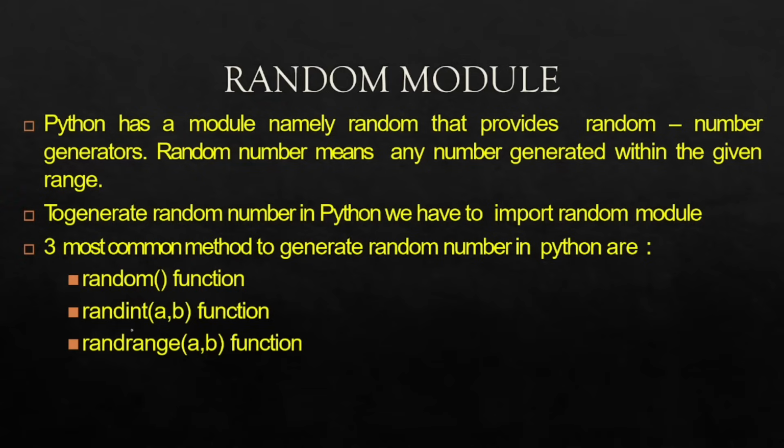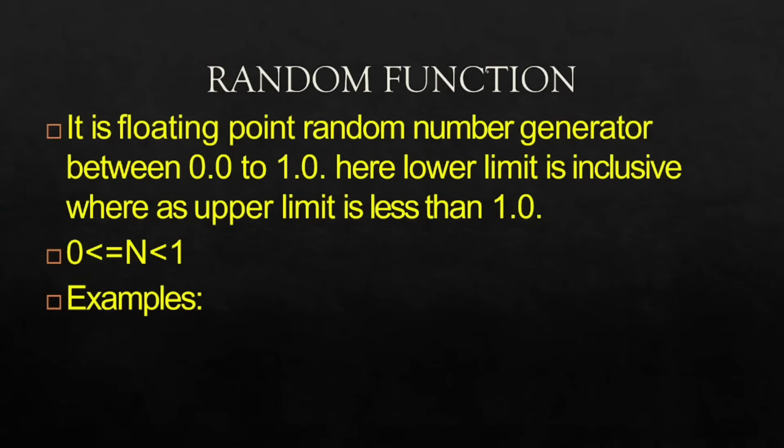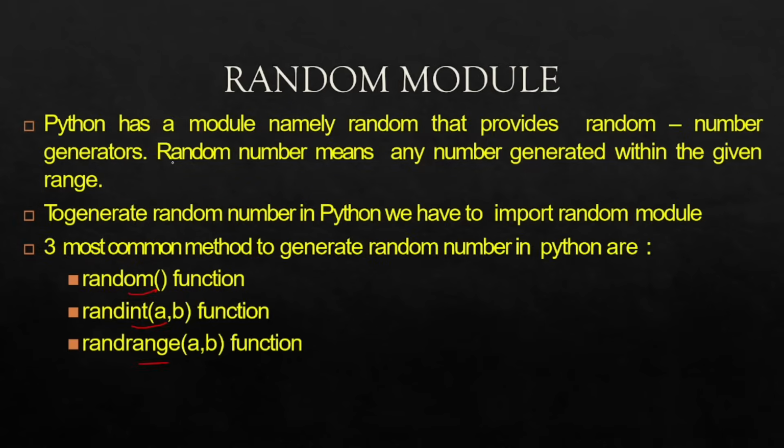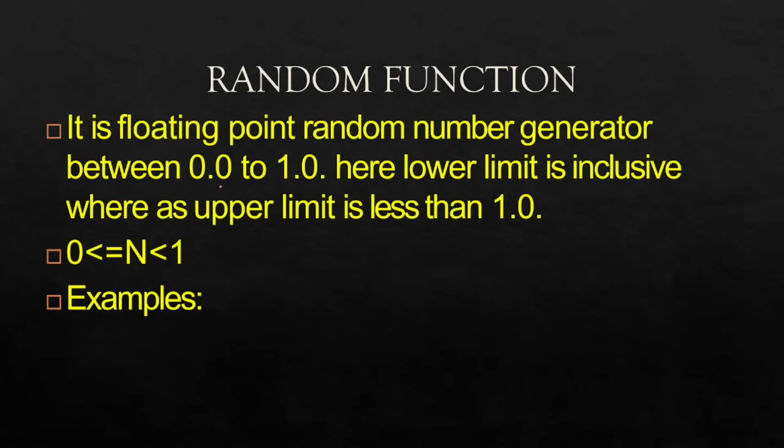The three most common methods of generating random numbers are the random function, randint of a comma b, and randrange of a comma b. Each one will work in a different manner. The random function takes a value from 0.0 to 1.0, but it will not give the value 1.